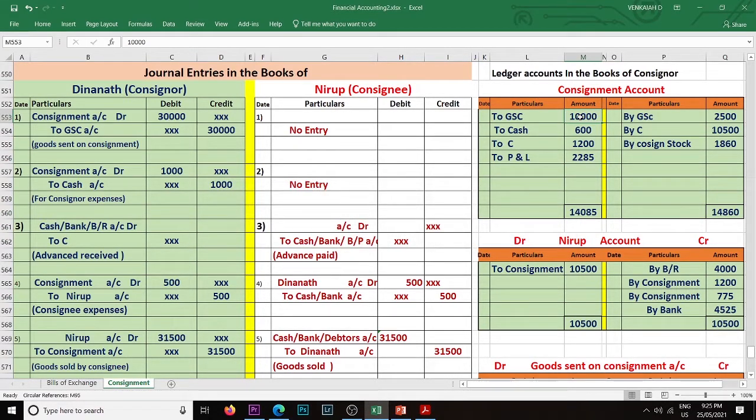First journal entry. Look at first journal entry. Consignment account debit to cash account 1,000. Okay. Consignee expenses. Consignment account debit to Nirup account. Consignee expenses 500.